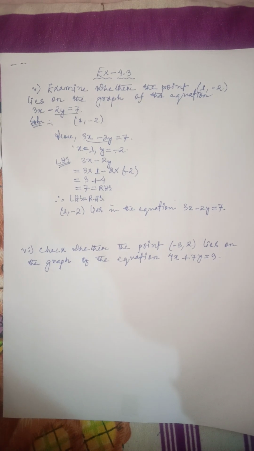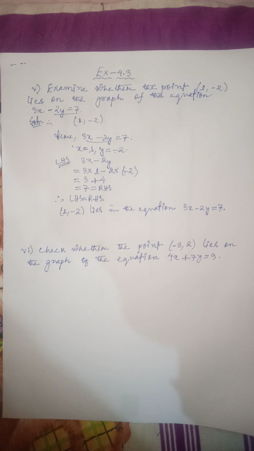Then let us move to the next, which is Roman number 6. Here, you are given: check whether the point minus 3, 2 lies on the graph of the equation 4x plus 7y equal to 9. Means, whatever point is given to us, let us take it as the values of x as well as y.